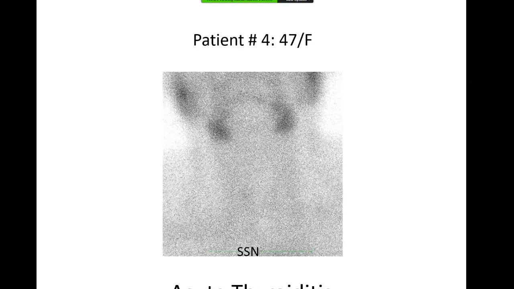Because of that, some of those nodules can show no uptake on the pertechnetate scan, while they will show uptake on iodine 131 because of that organification part. So that is what a discordant scan or discordant nodule refers to.